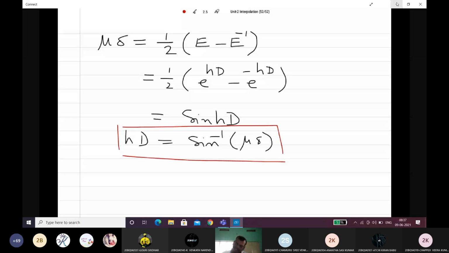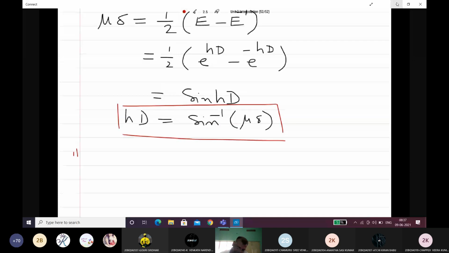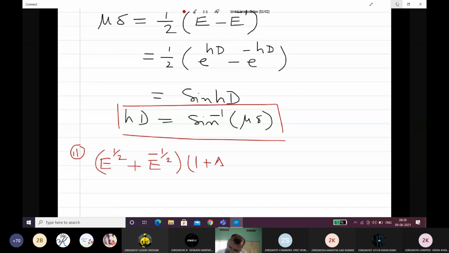Okay. Now coming to the second one. What is the second one? E power 1 by 2 plus e power minus 1 by 2 into 1 plus delta whole power 1 by 2, that we have to see. 1 plus delta whole power 1 by 2.